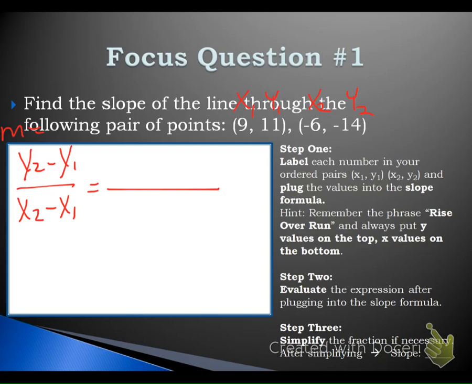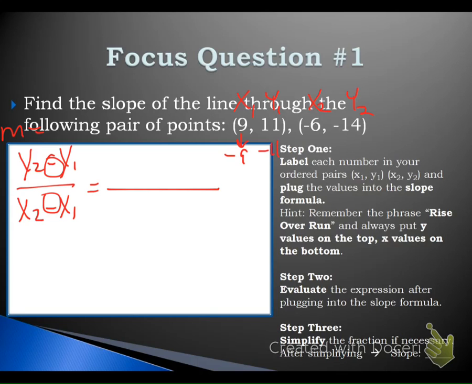When using this formula, notice that it is a subtraction, so we will have to do keep, change, change. To help you out with this, I have a helpful tip for you. Simply change the sign of the first point before you even get started. If we change that 9 to a negative 9, and that 11 to a negative 11, this will make it a whole lot easier.